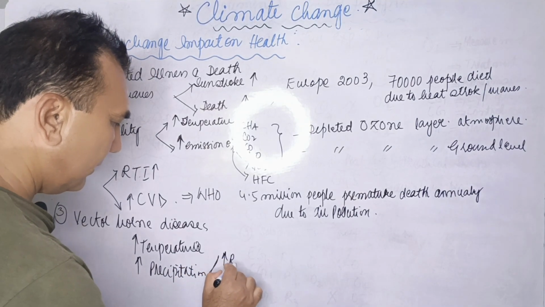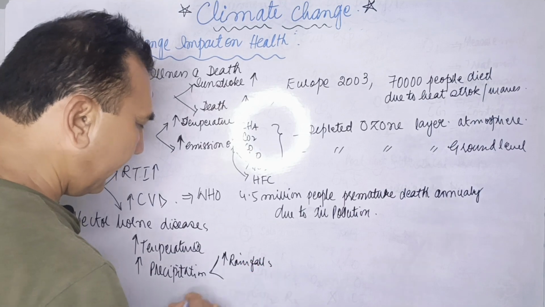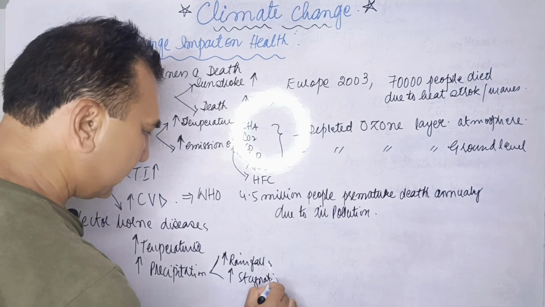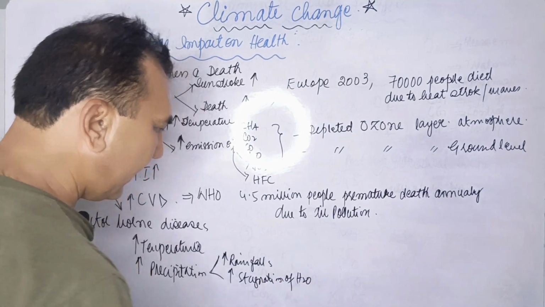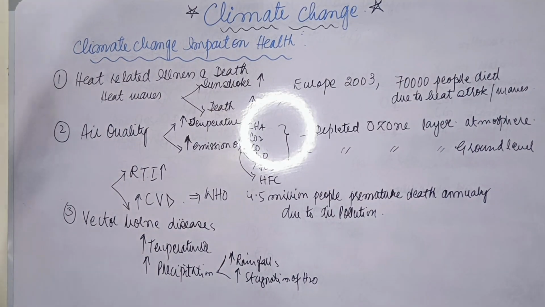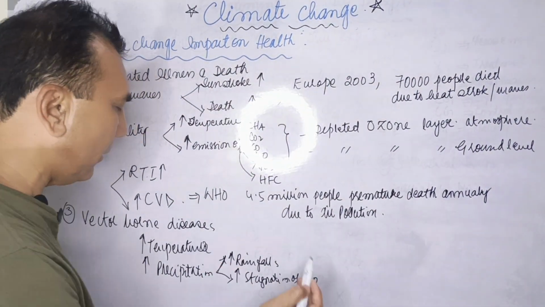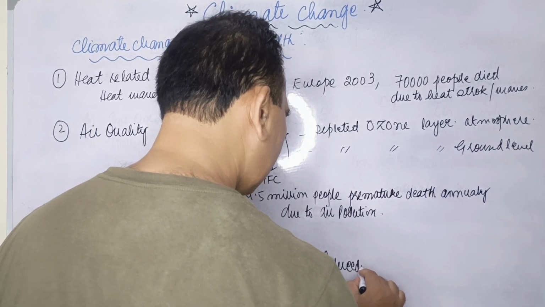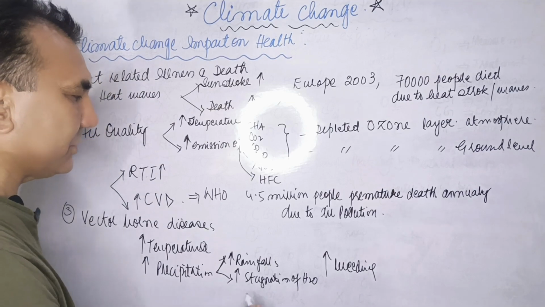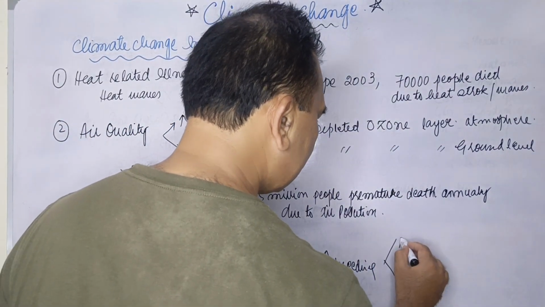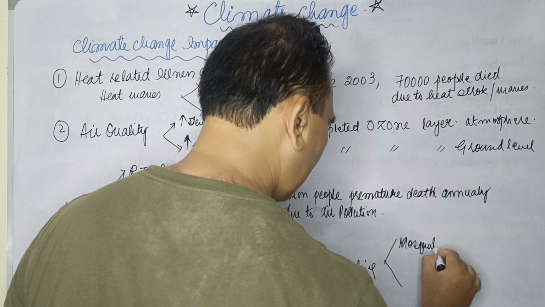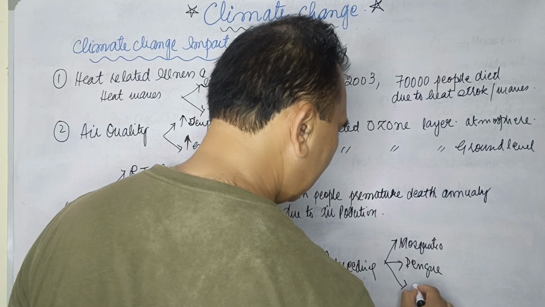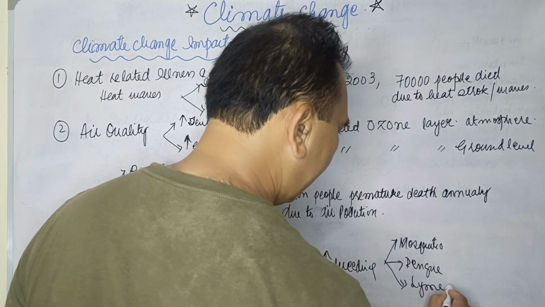The increase of precipitation increases the rainfall and the stagnation of water in ponds. So what's going to happen? It increases the breeding of mosquitoes in rainy weather and precipitation, and then dengue and Lyme.